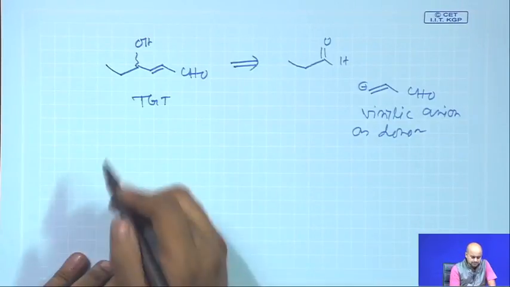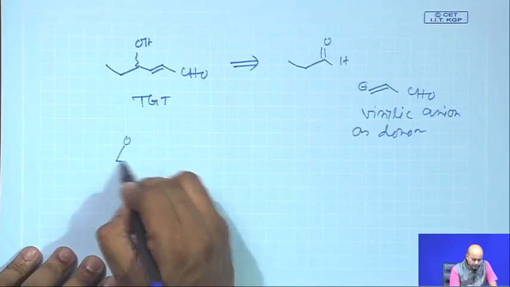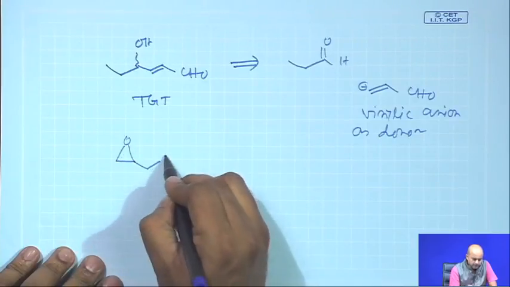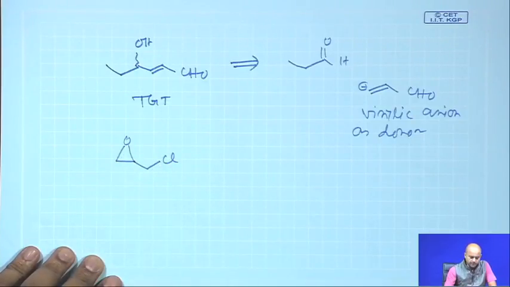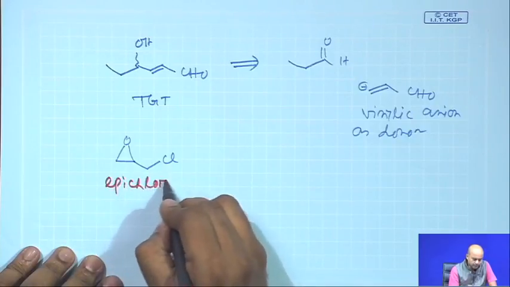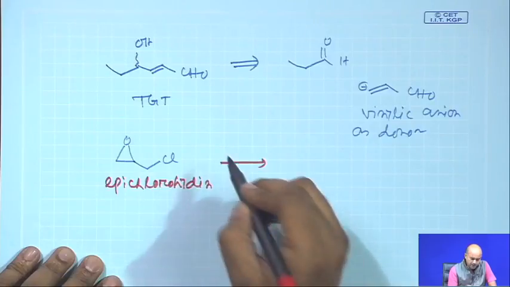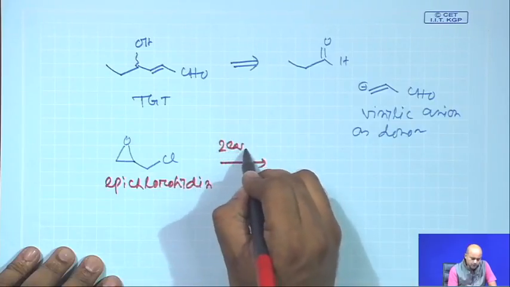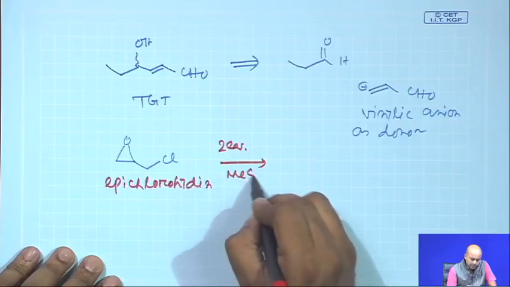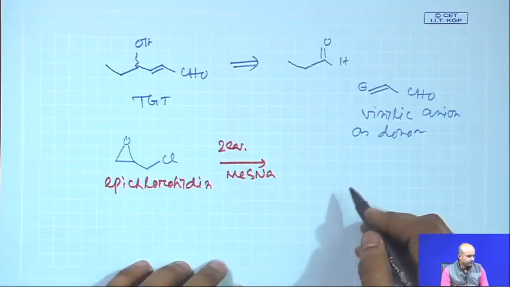It is definitely difficult to visualize, but this was first reported by Professor Corey in this way. He first took this compound, whose name is epichlorohydrin, and reacted it with 2 equivalents of MeSNa, the sodium salt of methanethiol.